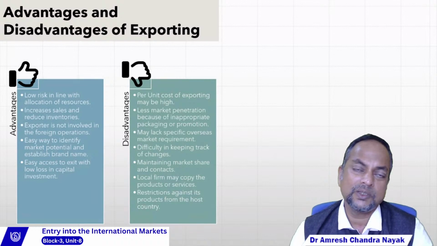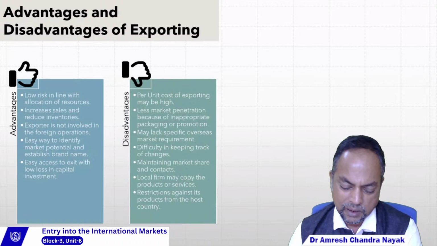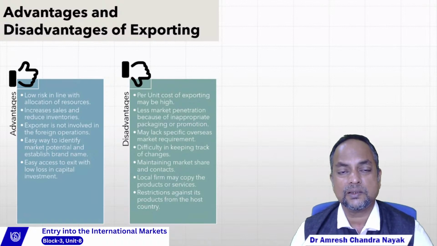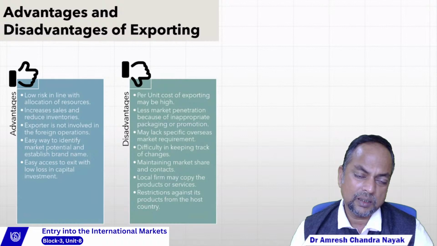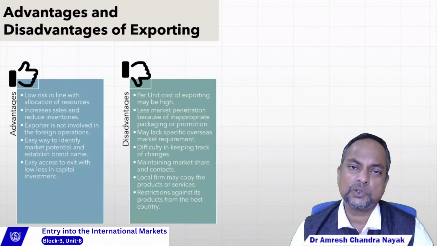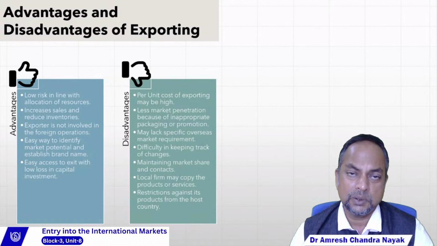So that comes later, right? Most of the time we understand that distance is also a matter to be considered. Like what is happening in the host country, I need to understand that on a day-to-day basis, right?